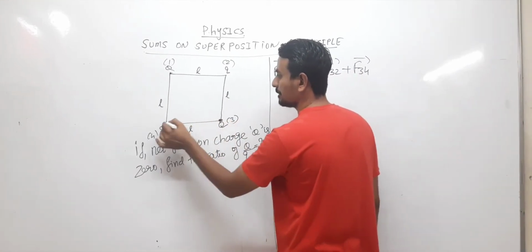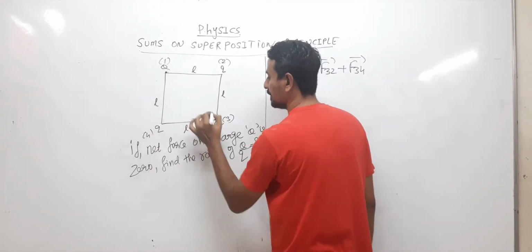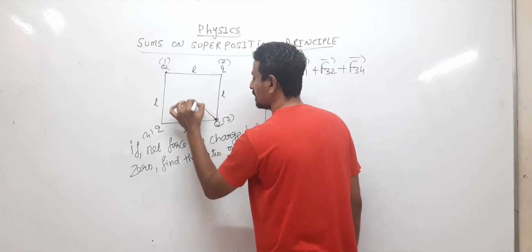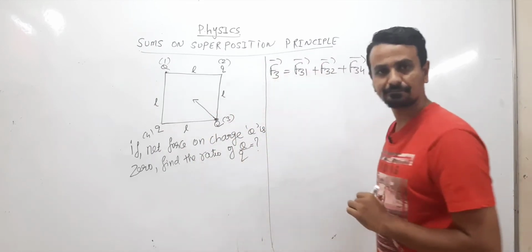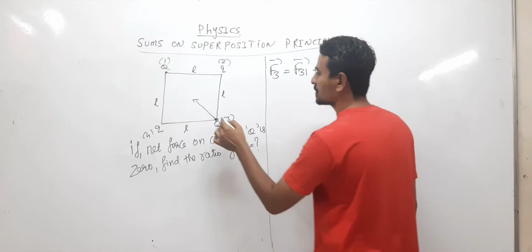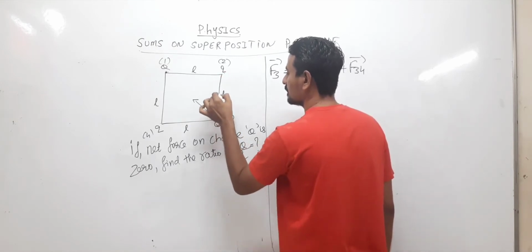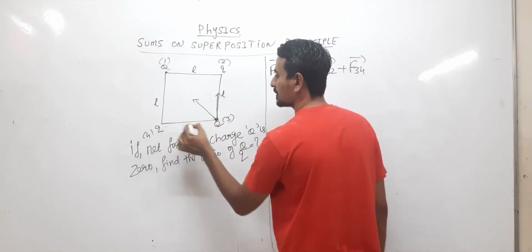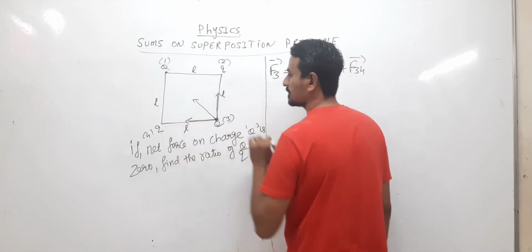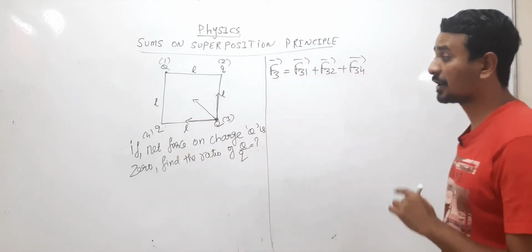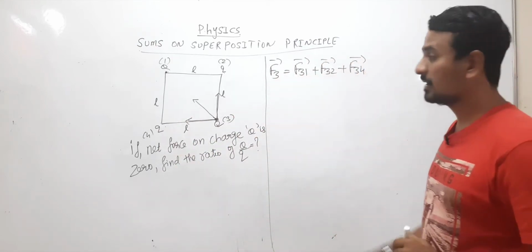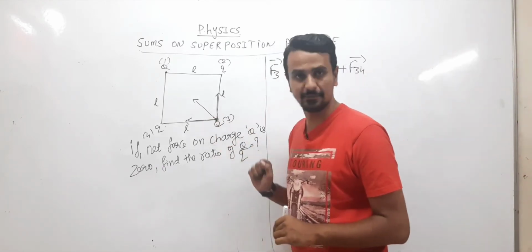Force on 3 because of 1 will be in this direction, right? Force on 3 because of 2 will be in this direction, and force on 3 because of 4 will be in this direction. They cannot be added up directly because the directions of the forces are different.